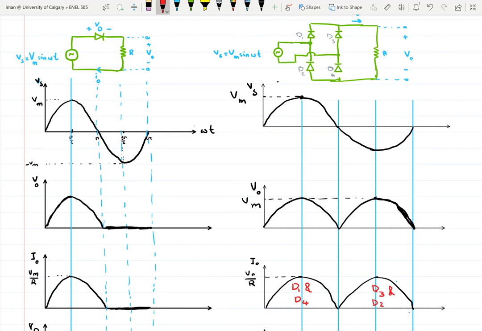So when we have a negative voltage, the current here would go like this, and then D2 back to D3, and it makes its way back because the negative voltage here forward biases this D3, because the voltage here would be higher than the voltage at the other side.